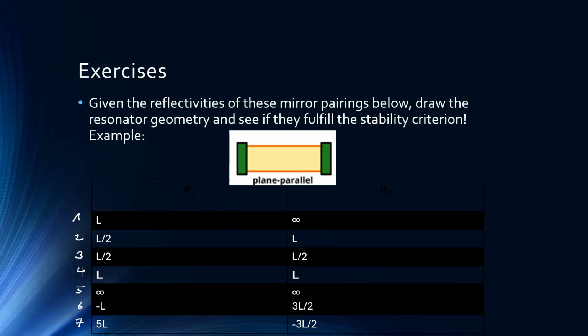We take R1 equals infinity, R2 equals infinity, plug that into our handy equation, and see that it is in fact stable. But that may not be true for the other examples that I've written down. So if you'd like, go ahead and give it a shot. Is the exercise clear?